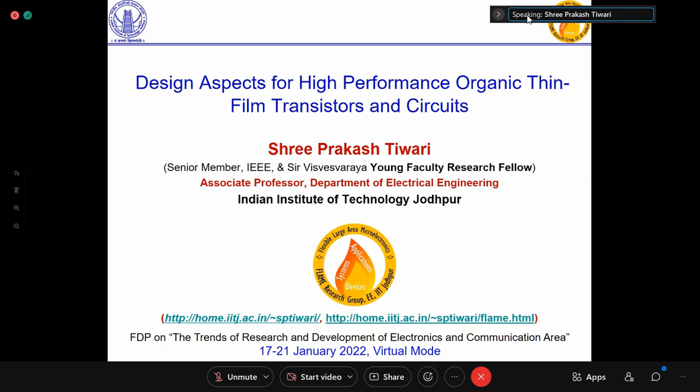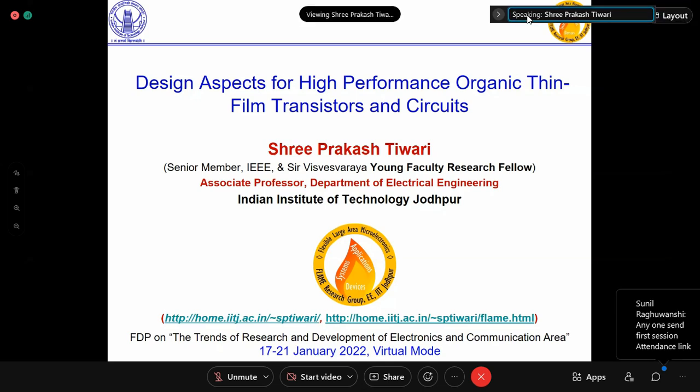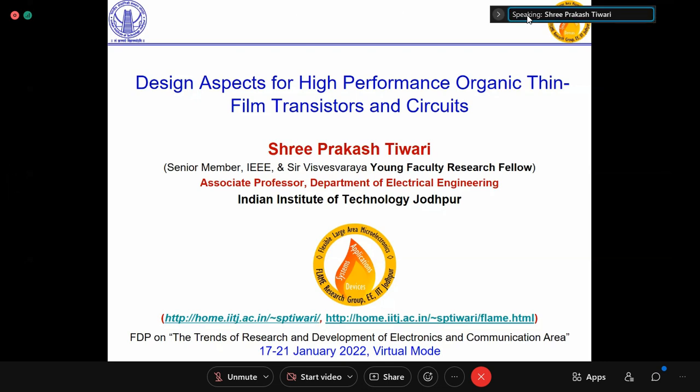As Dr. Mandal said, I lead a research group called the FLAME Research Group, Flexible Large Area Microelectronics, at IIT Jodhpur. Specifically, we work on alternative devices which can help the environment, rather than chasing high performance and other aspects which are anyway being done by the inorganic community, which is silicon.